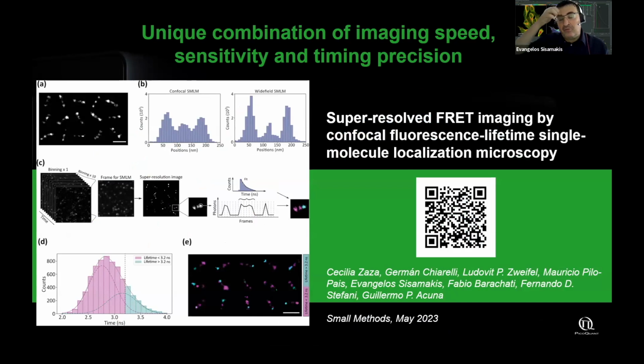But definitely, Luminosa has the potential to do confocal single molecule localization microscopy, and the advantage there is that you get rid of background that you have in the widefield. But of course, one can say, yeah, but if I do single molecule localization microscopy in my confocal, I'm much slower.